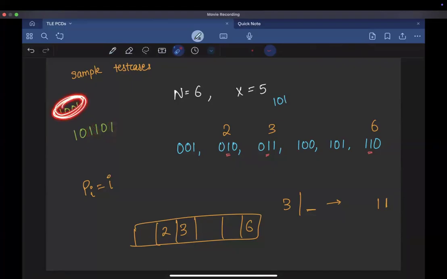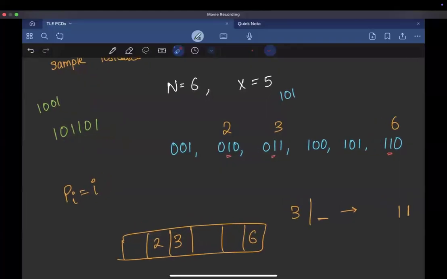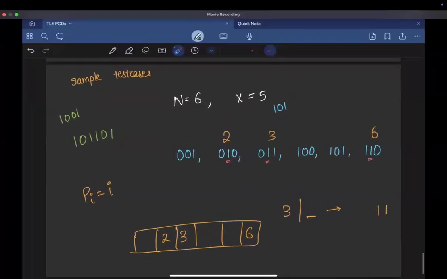So this number is called a submask of that number. Another way of defining a submask is, for any number, all the numbers in which there is no extra bit set are considered submasks of this number.